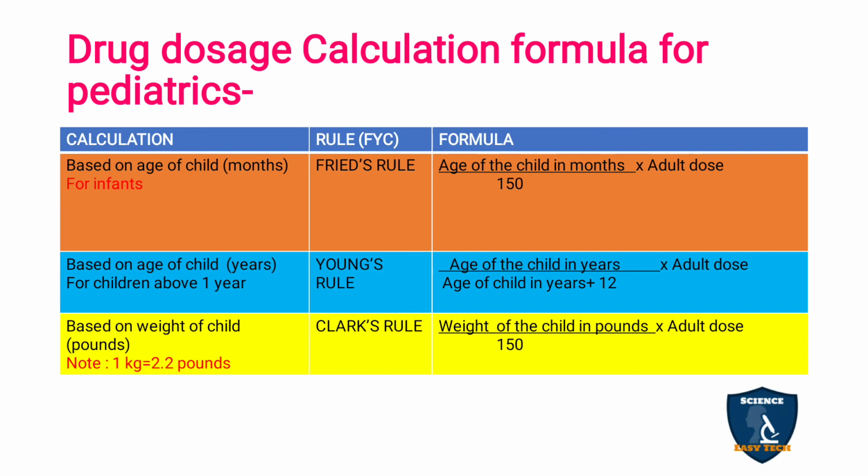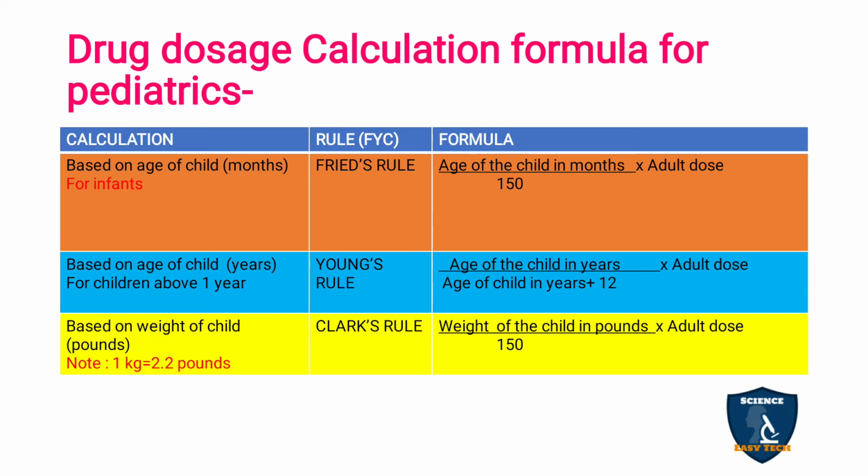Now, based on the weight of the child in pounds, you have to apply Clark's rule. The formula for Clark's rule is weight of the child in pounds divided by 150 into adult dose. In India, we measure the weight of an individual in kgs, but abroad they tell the weight in pounds.